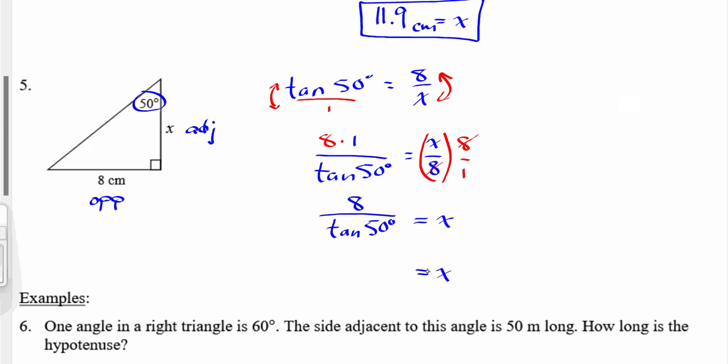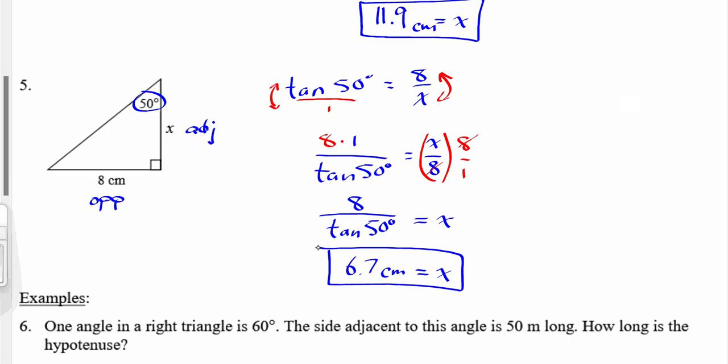And that's what I'm going to plug into my calculator. Again, if you want to figure out the decimal value earlier, you can do that. 8 divided by tangent 50 is 6.7. And again, there are units, so I'll stick in the units of centimeters.